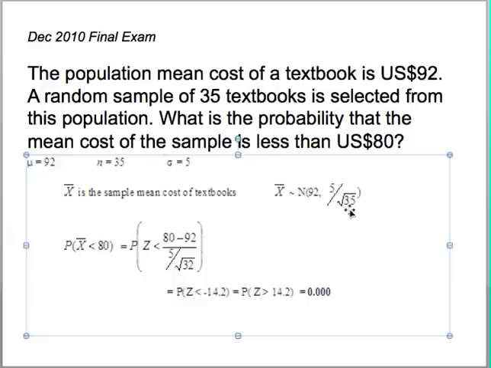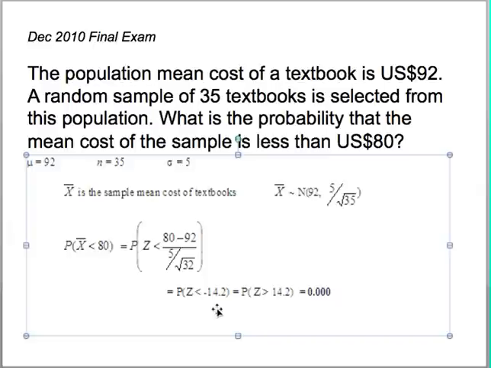That is the standard deviation of the sample mean distribution. Probability that X bar is less than 80. Then we standardize: 80 minus 92 over 5 divided by the square root of 35. We find out what that value is, and we go to our normal distribution table.